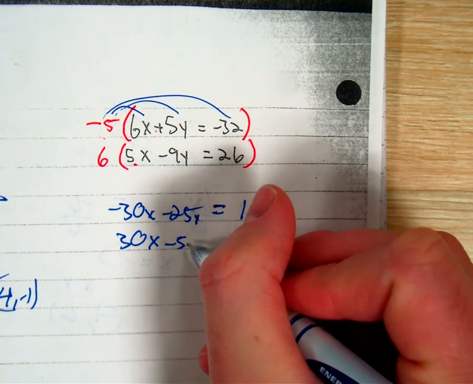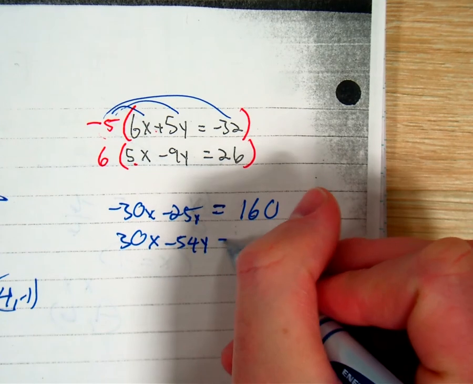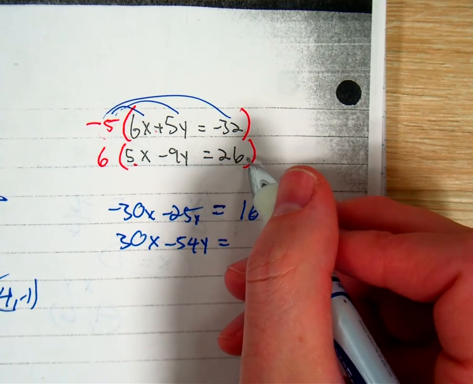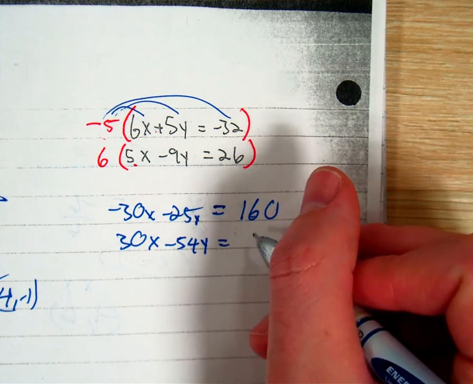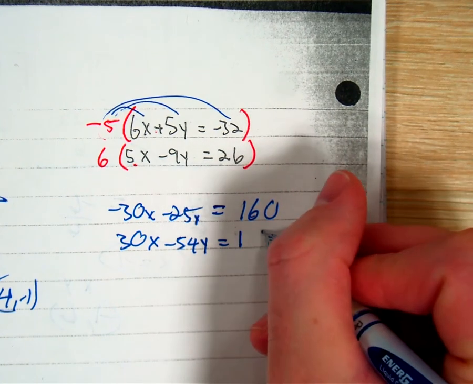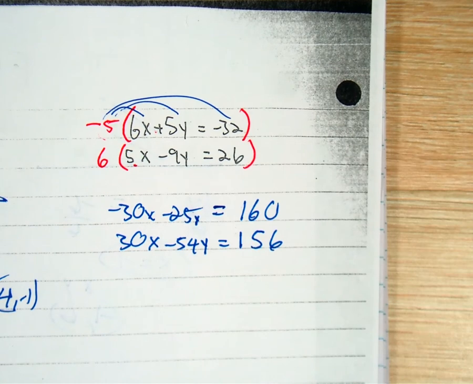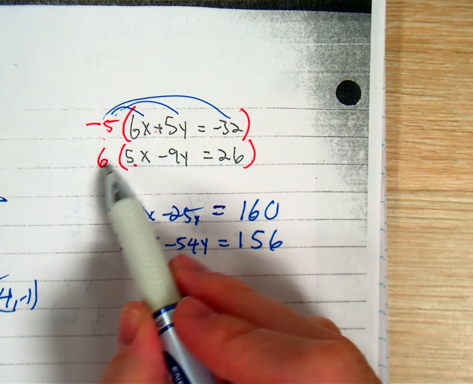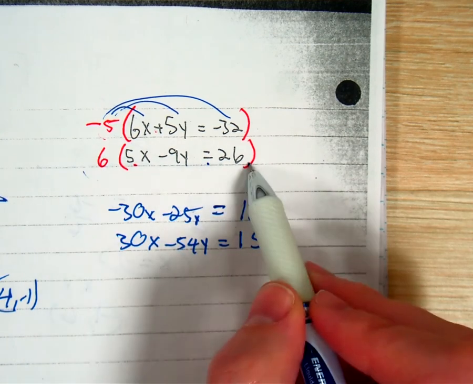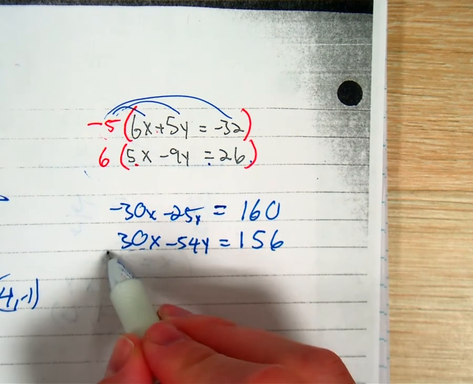I didn't put my y up there. Oh, 6 times 26, 156. All right. 120, 36, 156. Yep.